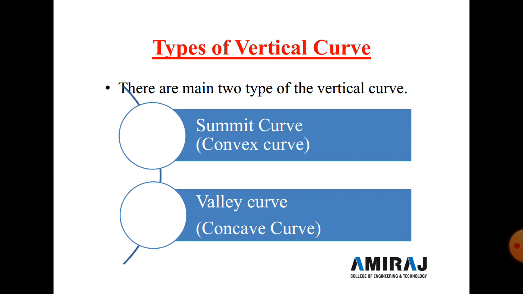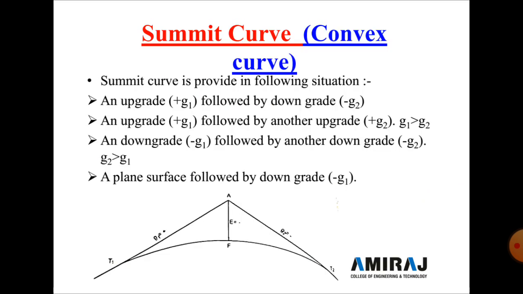Now next are the types of vertical curve. There are two main types. The first one is the summit curve, also called a convex curve, and the second is the valley curve, which is a concave curve. What is a summit curve? It is a convex curve, and this type of curve goes in an upward direction.